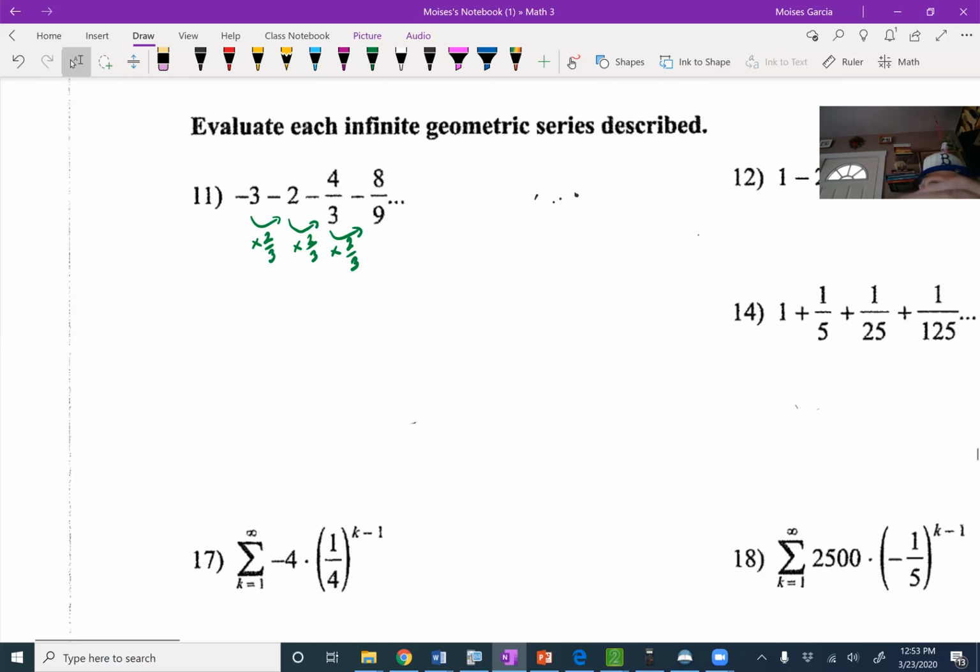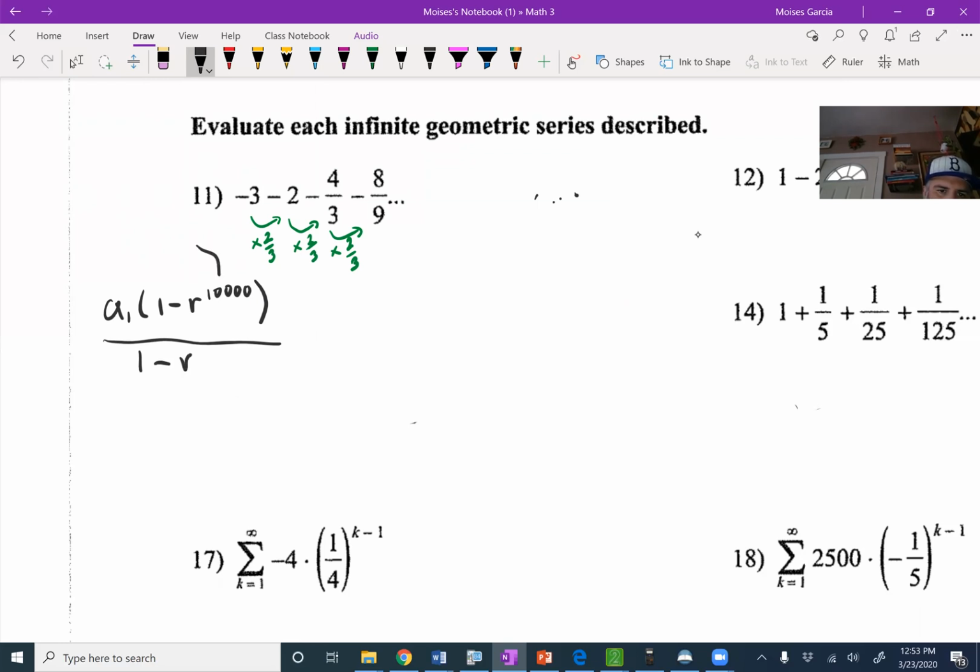So what that means for us is, once we have this information down, I keep on using the same first formula here: a sub 1 times 1 minus r to the n, over 1 minus r. And in this case, n, let's make it some really big number. Let's go with 10,000. I think that's what I was doing for the other problems.